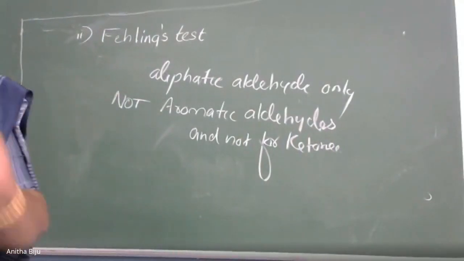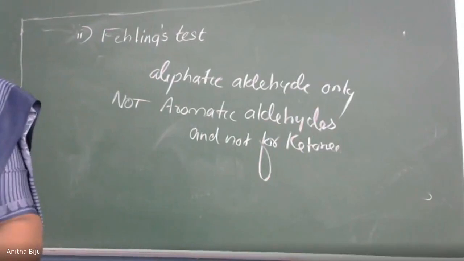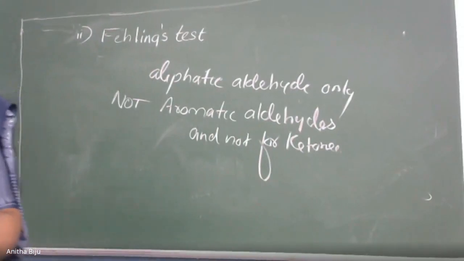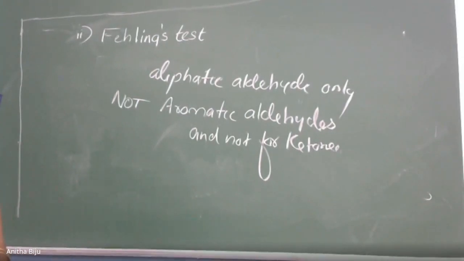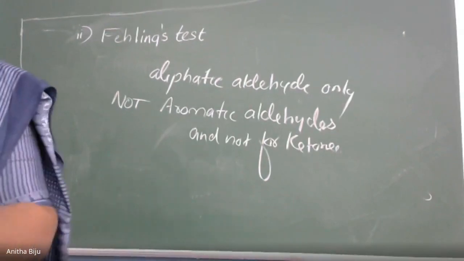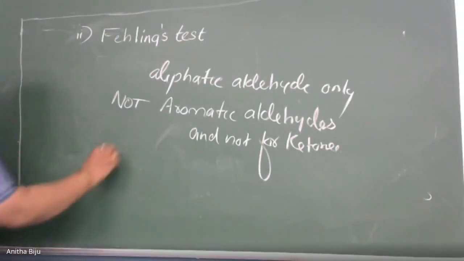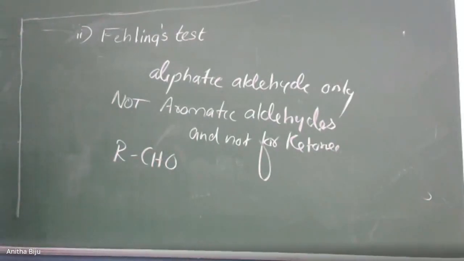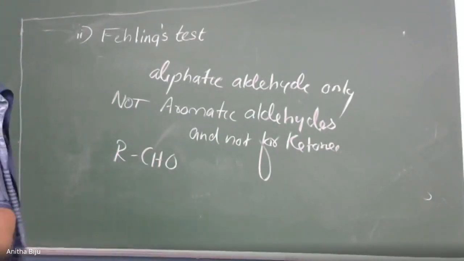This test is given positively only by aliphatic aldehydes. Aliphatic aldehyde means aldehyde without a benzene ring, which we can represent as RCHO. This test is used to differentiate aromatic aldehyde and aliphatic aldehyde.